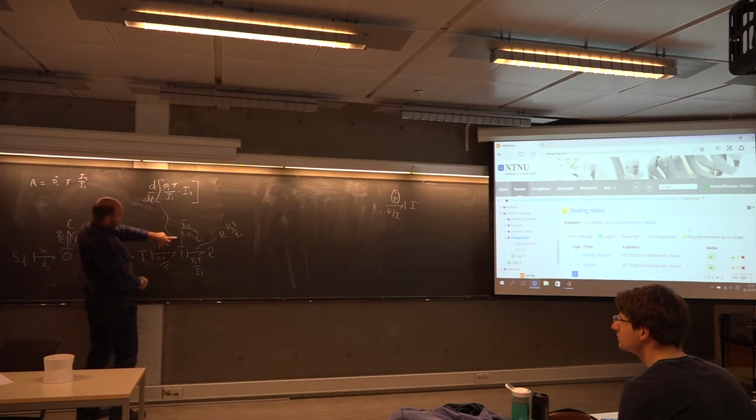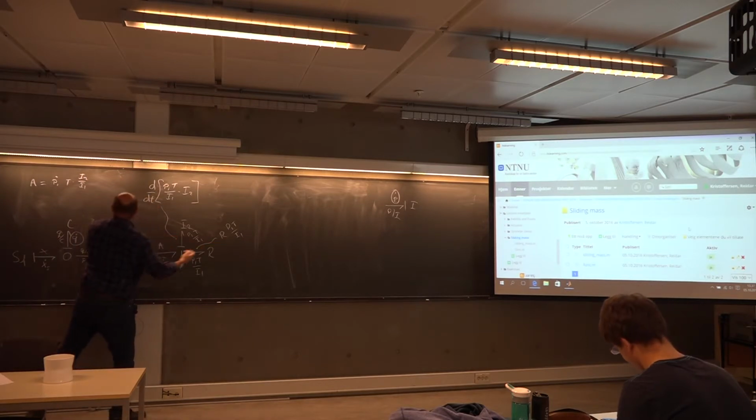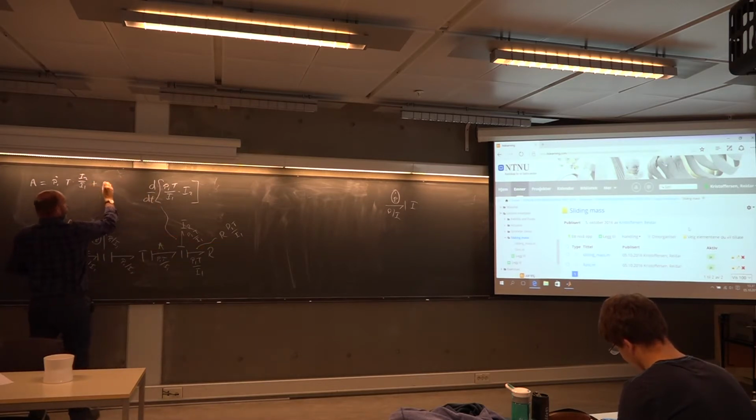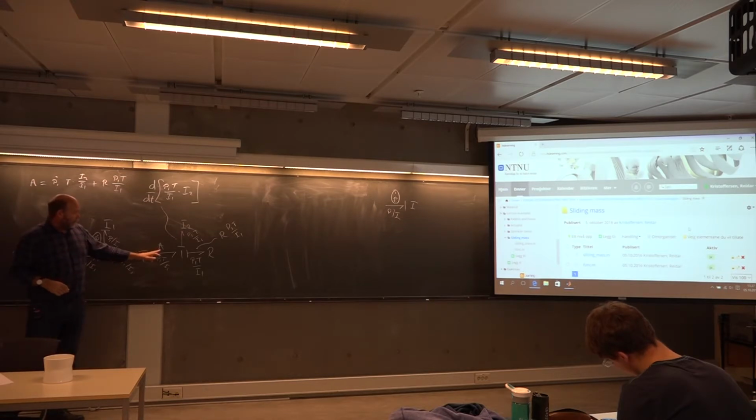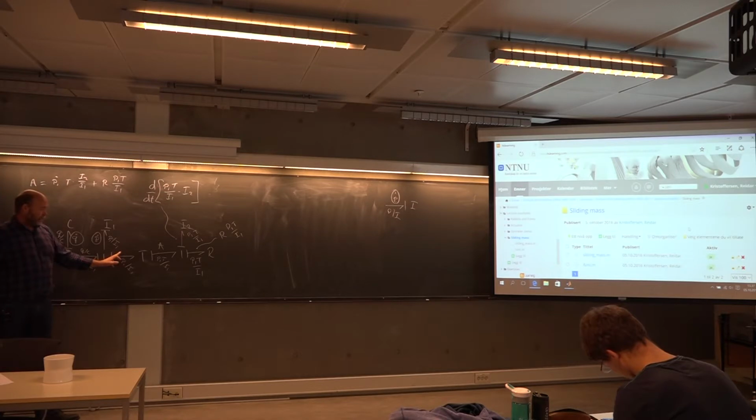So that was the effort here, plus this effort, plus R P1 T over I1. And then if you have an effort called A here, what do you find on the other side of the transformer? You multiply with a T. So here you will have an effort A multiplied with T. And then we're done. Then we have everything.